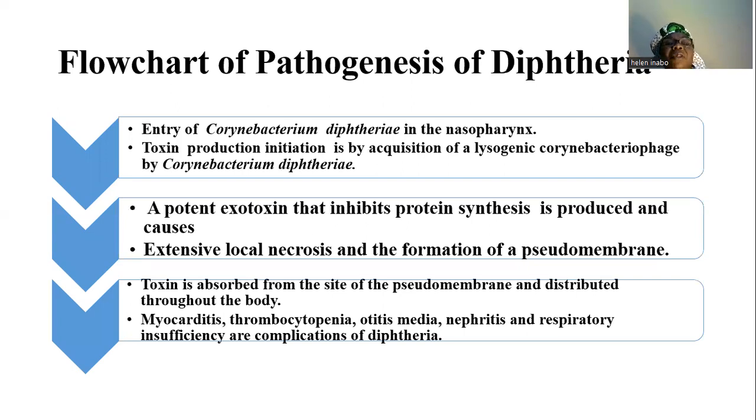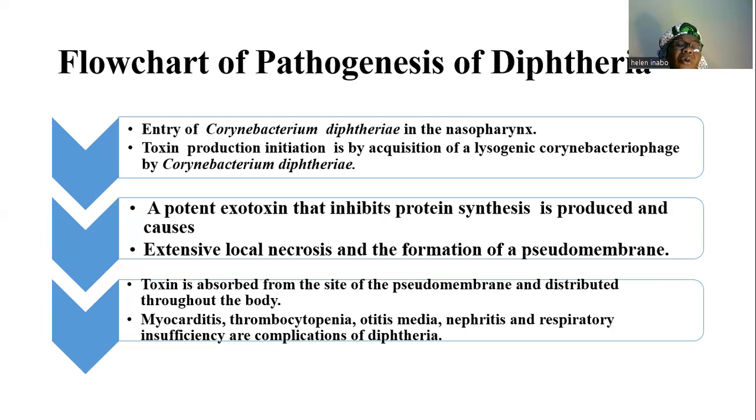Here is a flowchart of the pathogenesis of diphtheria. First, there is the entry of the Corynebacterium diphtheriae into the nasopharynx. Then, the initiation of the production of the exotoxin, which is by acquisition of the lysogenic Corynebacteriophage by Corynebacterium diphtheriae.